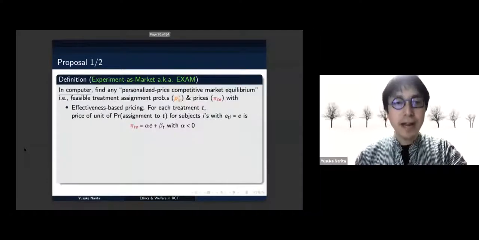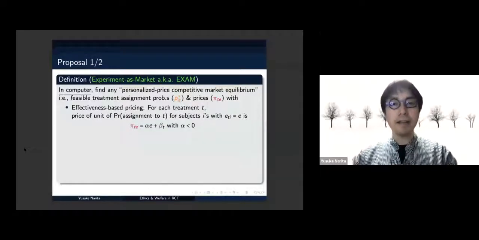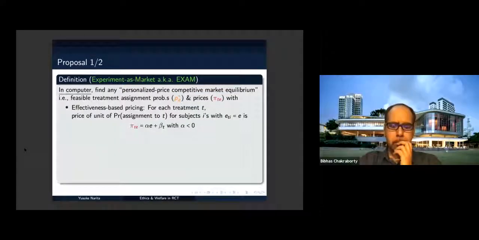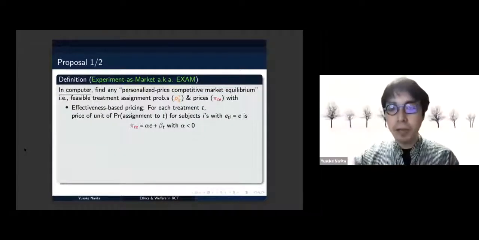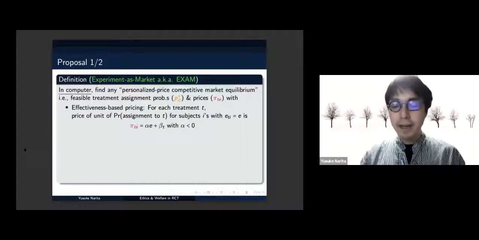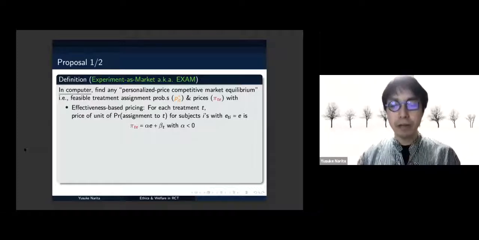More specifically, let's find any personalized price competitive market equilibrium, which is defined as a combination of feasible treatment assignment probabilities P star, as well as their prices pi, with a few equilibrium restrictions. So the formal definition is slightly complicated. So let me go through these pieces one by one.